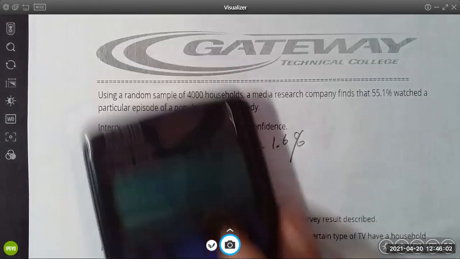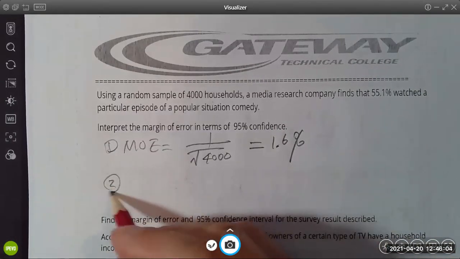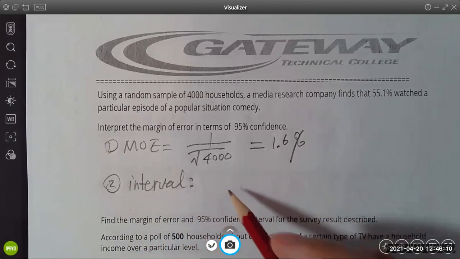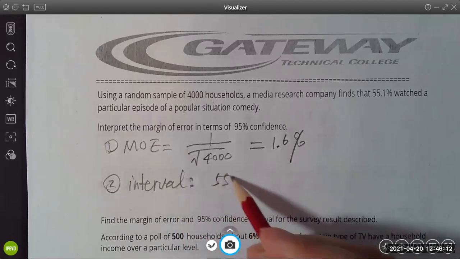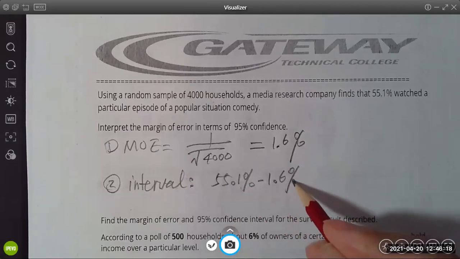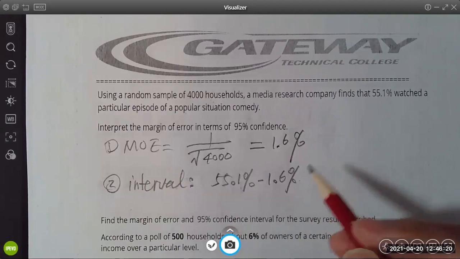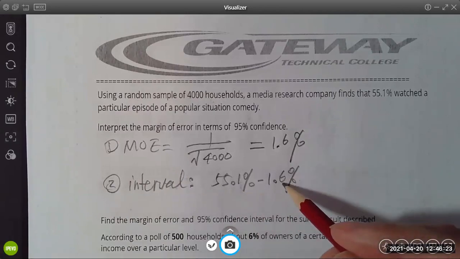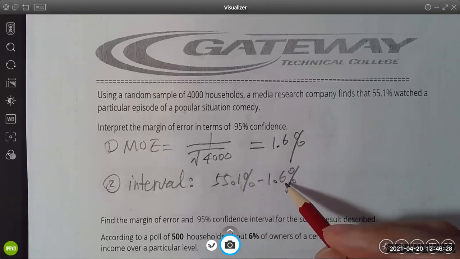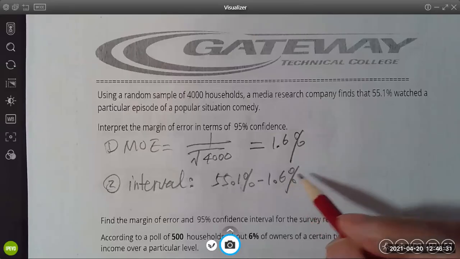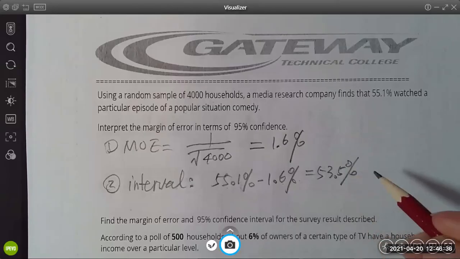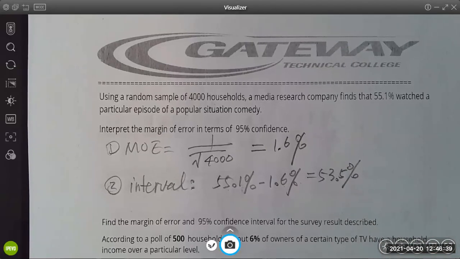And then we can calculate the confidence interval. We get 55.1% minus 1.6%. If I subtract 1.1%, I get 54, so I need to subtract another 0.5, so 54 minus 0.5 gives 53.5%.